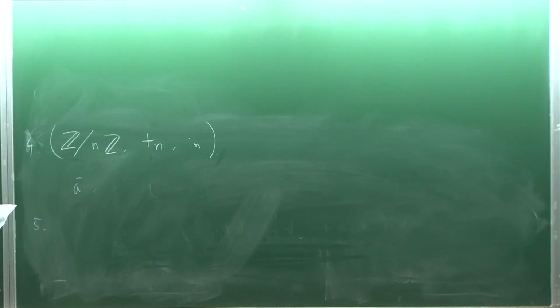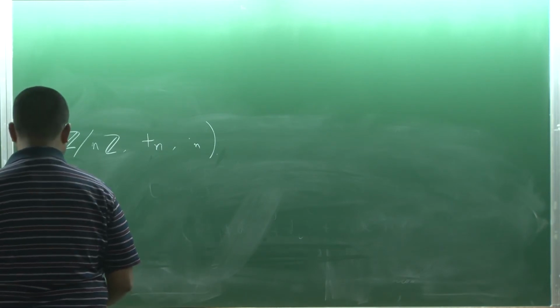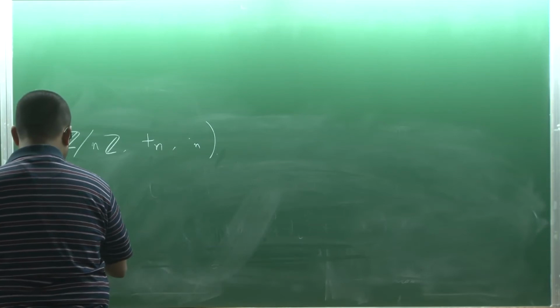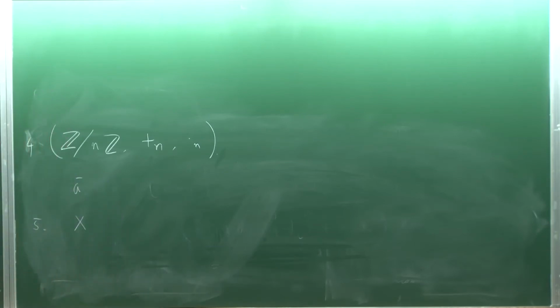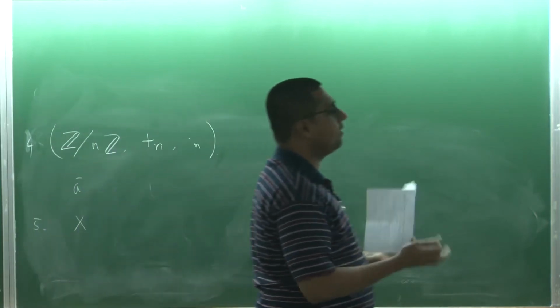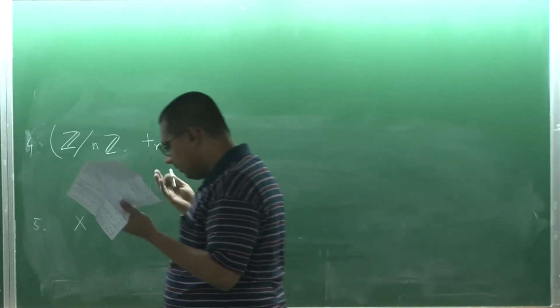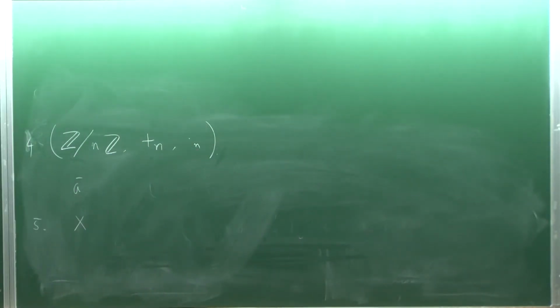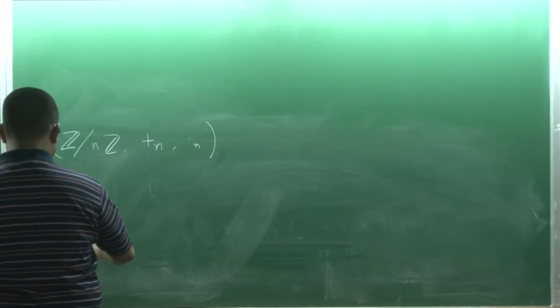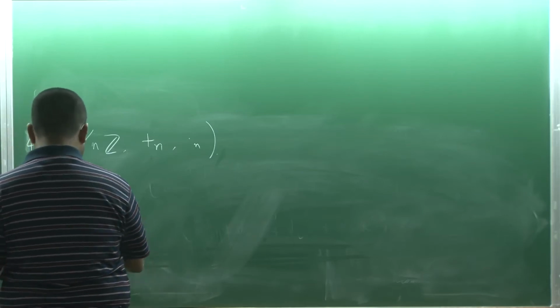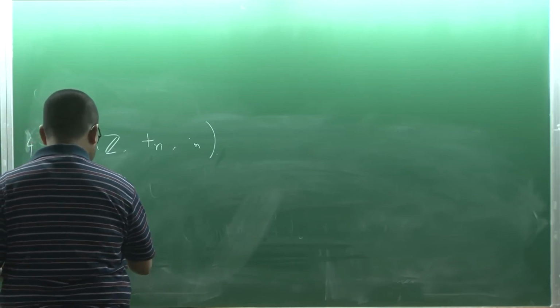Now let's talk about rings of functions. Like in vector spaces, where we looked at vector spaces of functions, we have seen that function spaces are one of the richest sources of examples. So here also we look at function spaces. Let X be a set and R be a ring.